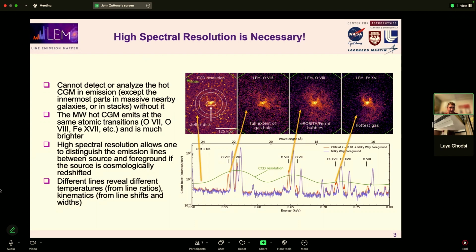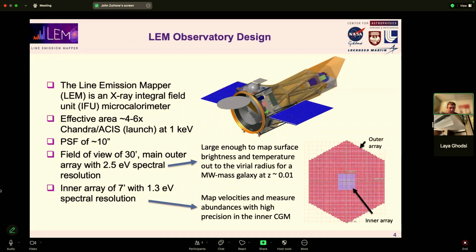So the oxygen 7 lines could give you a hint of the full extent of the hot gas halo, whereas the oxygen 8 reveals more of the hotter inner structure and possible influence by eROSITA/Fermi bubbles like we see in our own galaxy. And then the iron 17 lines reveal the hottest gas. Of course, if you can measure lines to high precision, you can also measure kinematics, which I'll show very shortly.